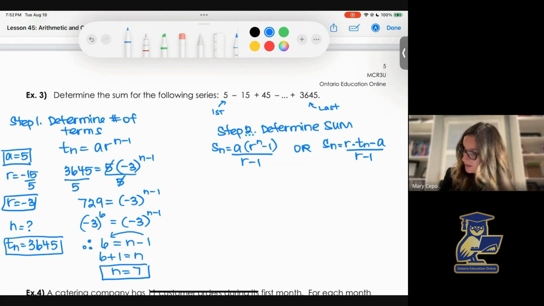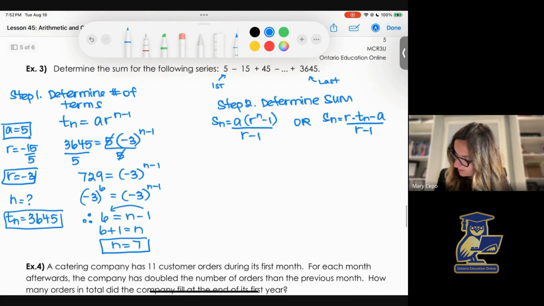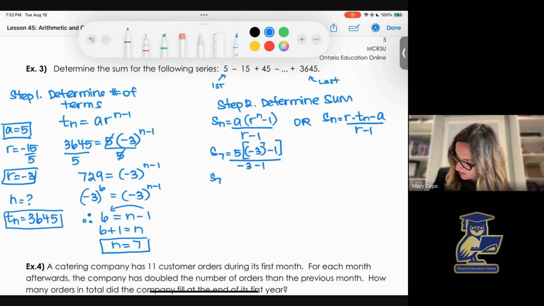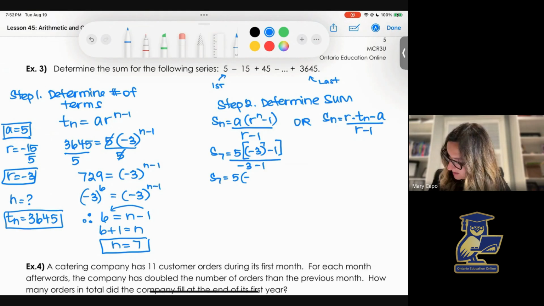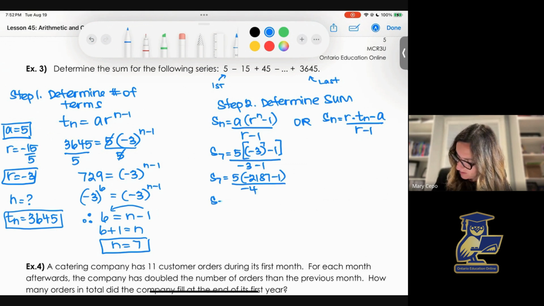In this case, we know the a value is 5, r is negative 3, all to the power of n, 7 minus 1, all over r, which is negative 3, minus 1. We always want to follow BEDMAS. Negative 3 to the exponent of 7 is negative 2,187, minus 1, all over negative 4.